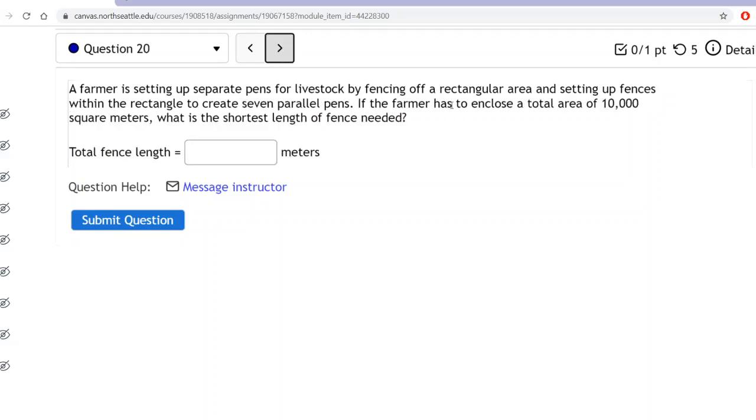The next question is kind of reversed. In this case, you know the area, and you're trying to figure out what is the minimum amount of fence that you need. I wanted to draw your attention to that because you might look from one to the next and think it's the same question, but there is a subtle difference.